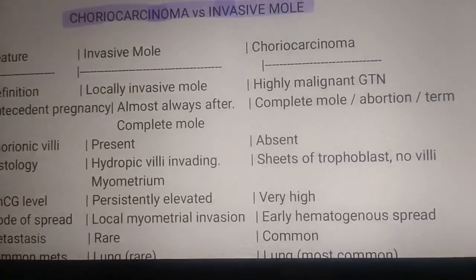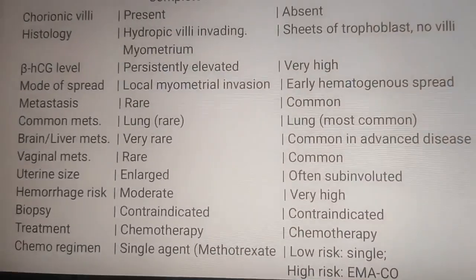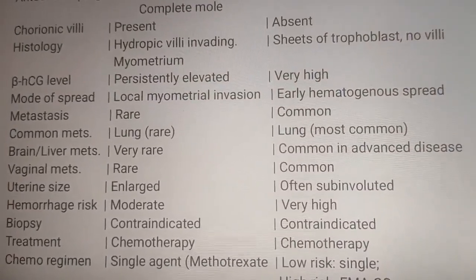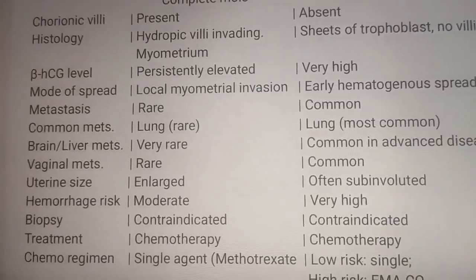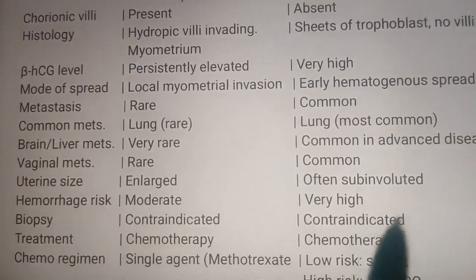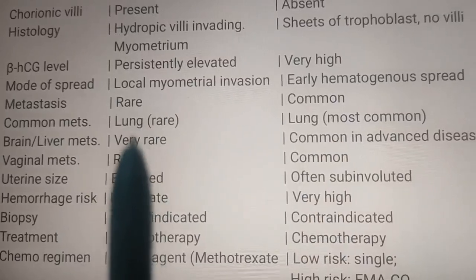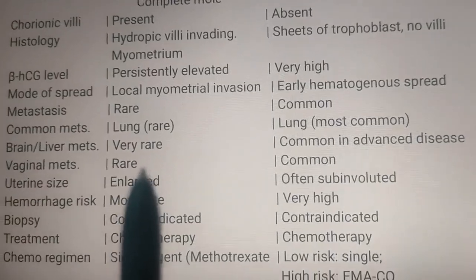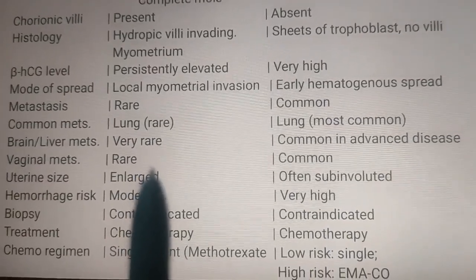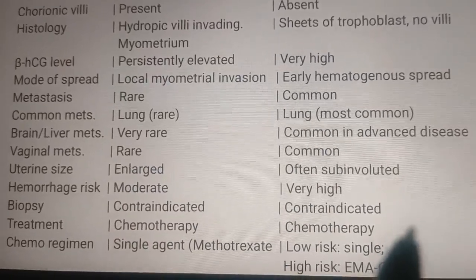Metastasis in case of invasive mole is rare, but in case of choriocarcinoma is common. Now common mets, in case of choriocarcinoma this is lung, but in case of invasive mole it's rare. Then brain and vaginal metastases are both common in choriocarcinoma.